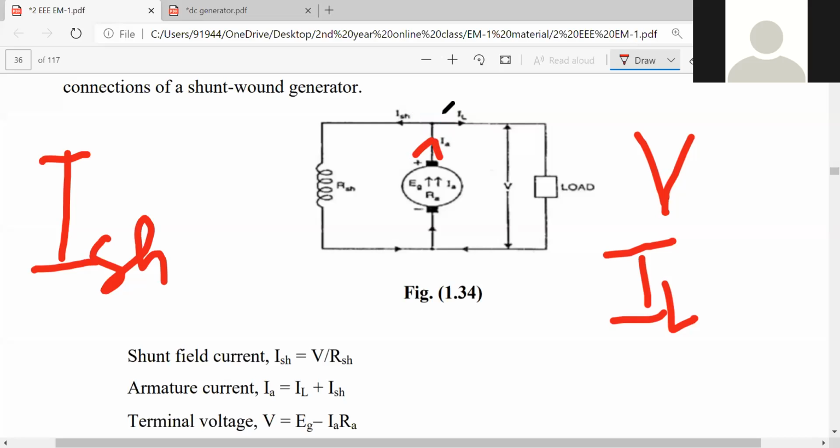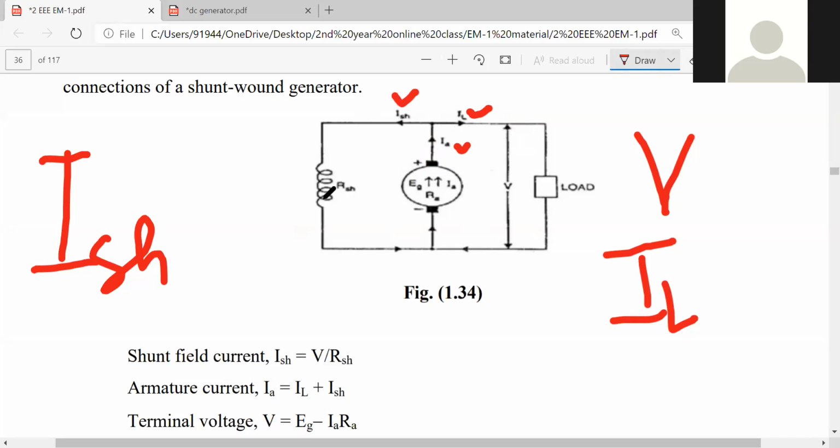The load takes some current and the shunt field takes some current, so the current divides in two directions. IA is divided into IL and ISH.